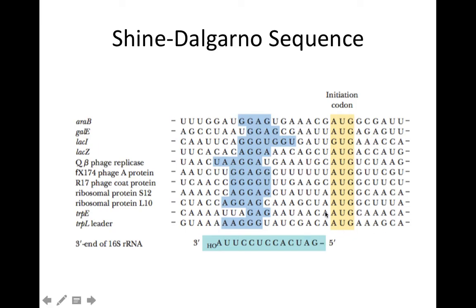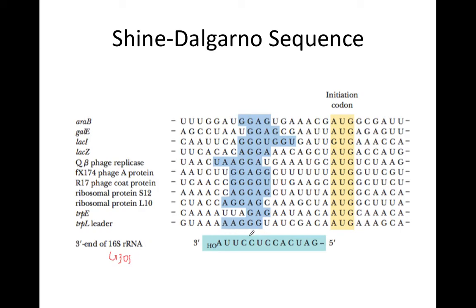This slide emphasizes the Shine-Dalgarno sequence. The Shine-Dalgarno sequence is complementary to the 16S rRNA. If you will remember, the 16S rRNA is found in the 30S subunit of your ribosome, or the small subunit.